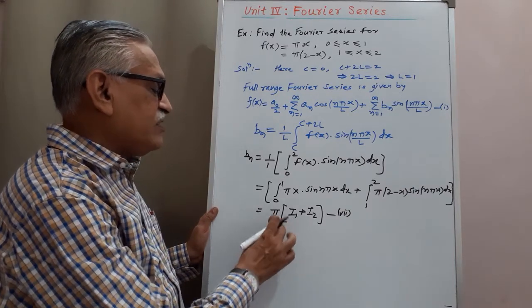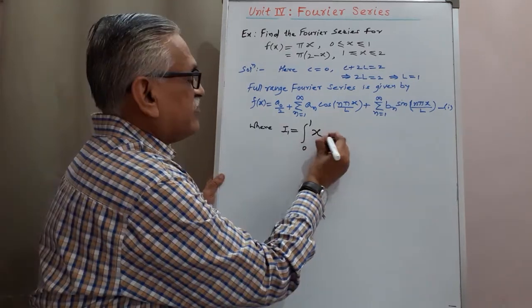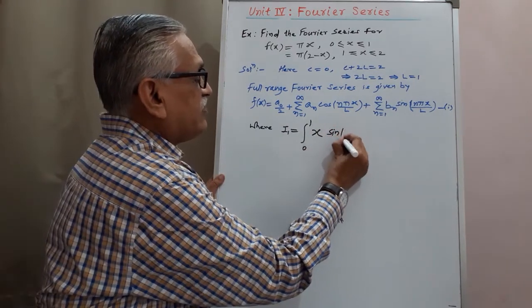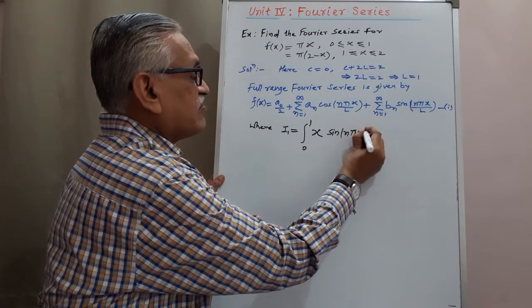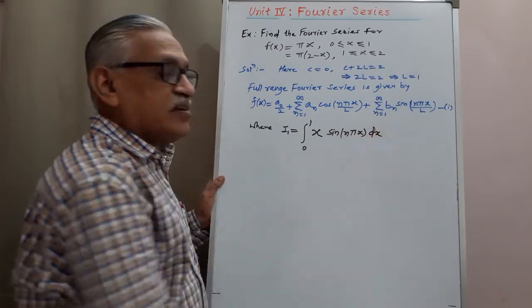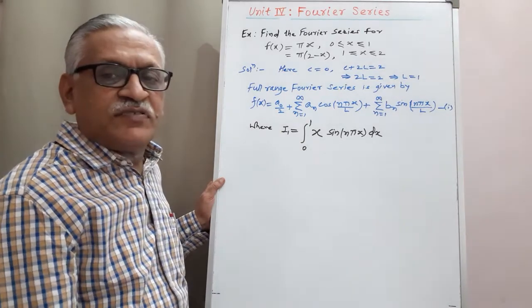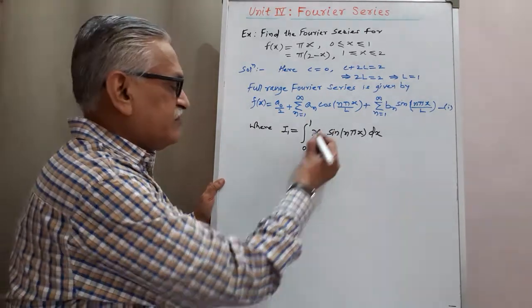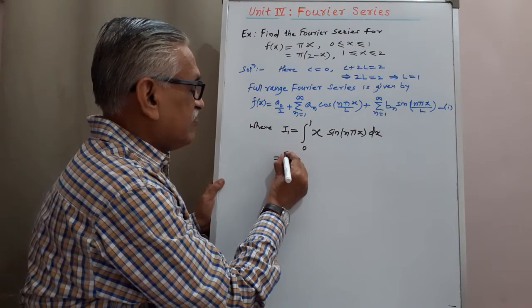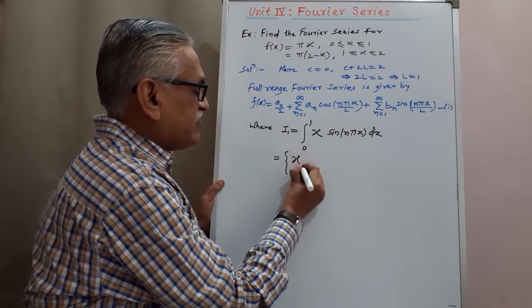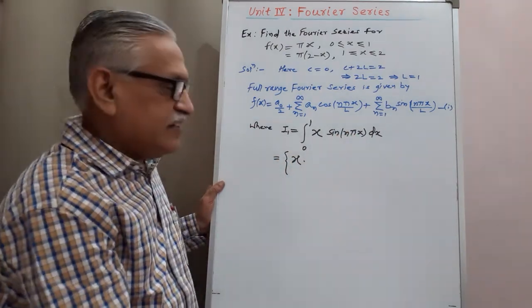the value of I1 is integration of x sine of n pi x. As it is a product of two terms, integrating it by generalized parts, the first term must be x, the second must be sine.